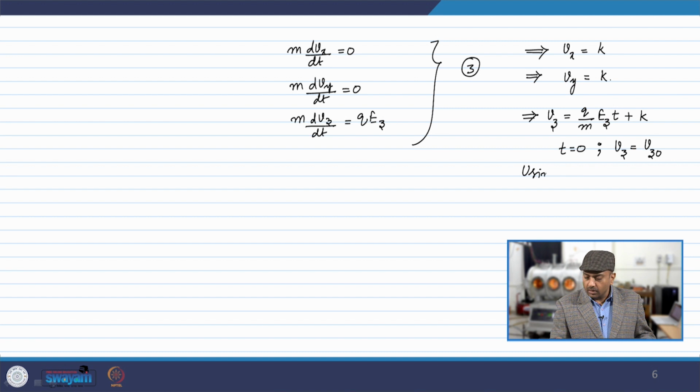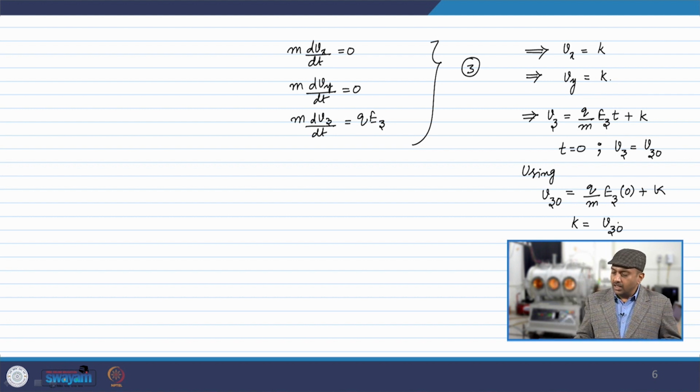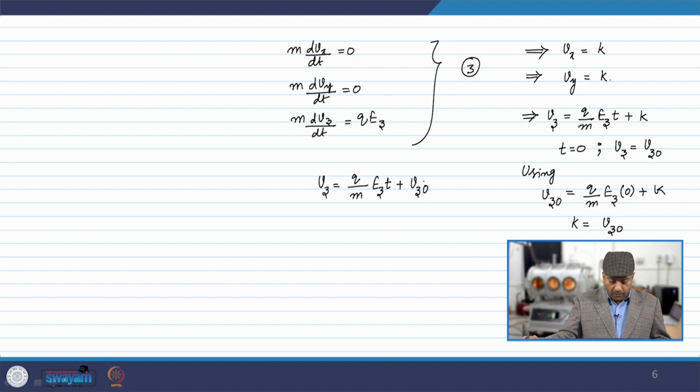Using t equals 0, we write Vz0 is equal to q by m Ez times 0 plus the constant k. So, k is equal to Vz0. So, Vz is equal to q by m Ez t plus Vz0, right.